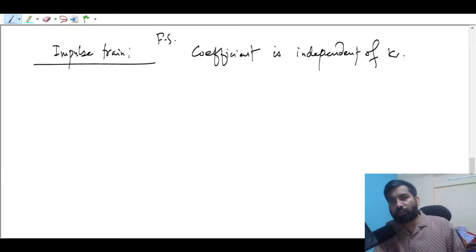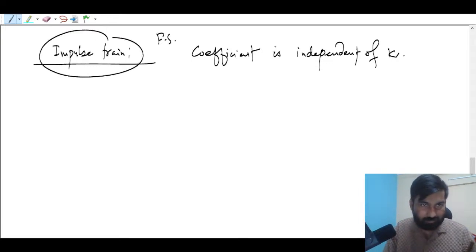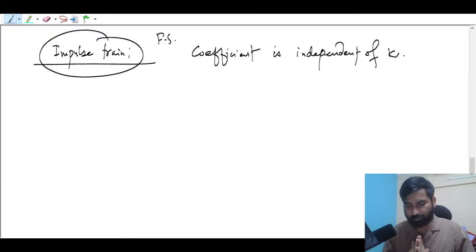And if a periodic signal is differentiated n times, other than the impulse, if you are given any sort of waveform, it can be a half rectified waveform, full rectified waveform, sawtooth waveform, or triangular waveform, any sort of waveform, your Fourier series coefficient is going to be dependent on k.